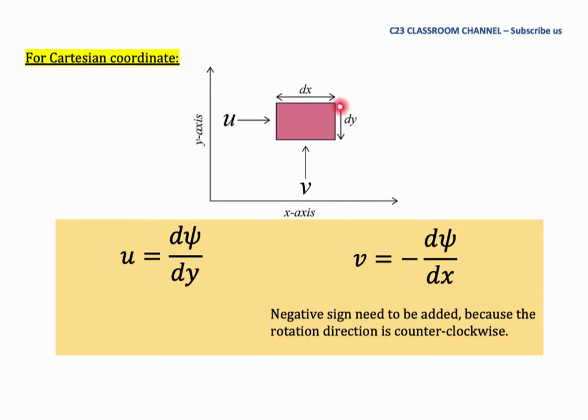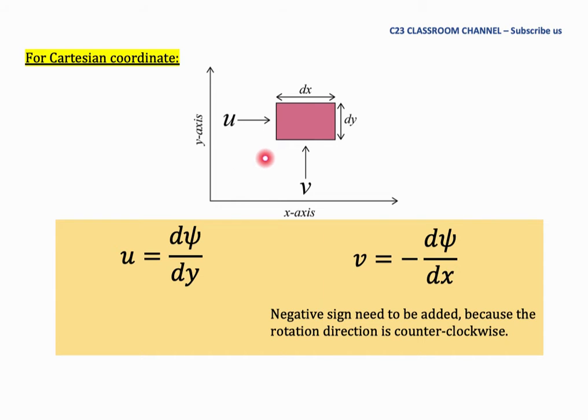So we have dy here as its height and dx here as its length or width for this rectangular element. So we draw a velocity, a u here as the component velocity on the x-axis, and we have small v here as the component velocity on the y-axis.